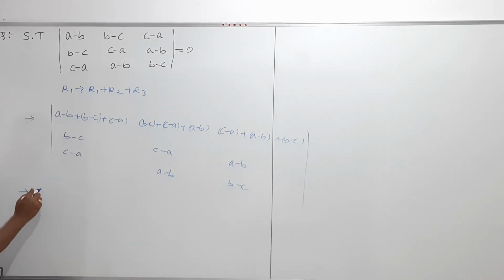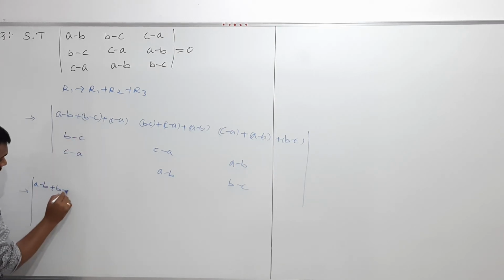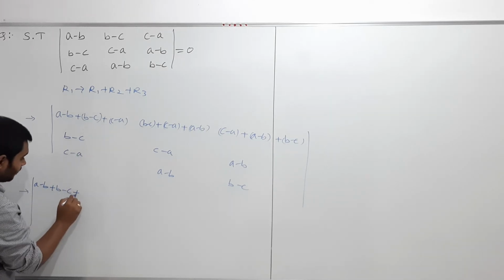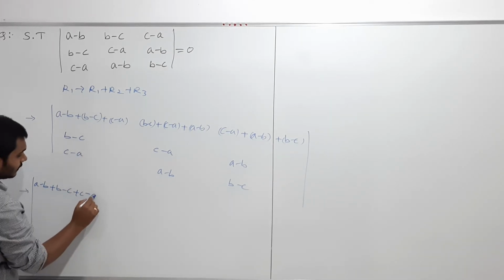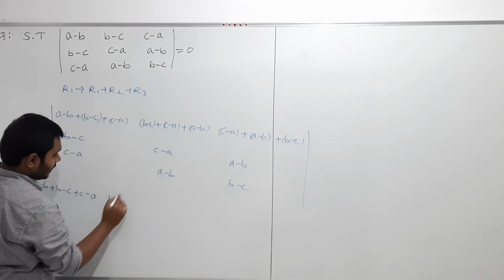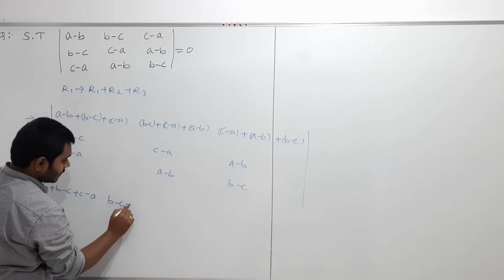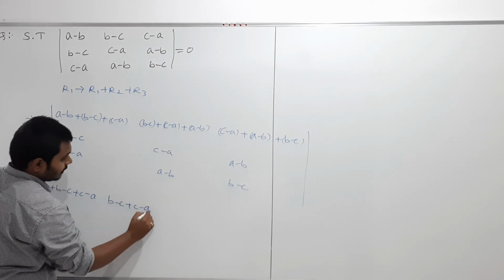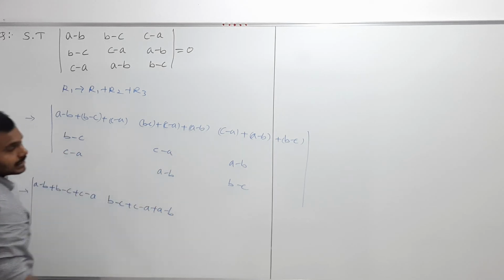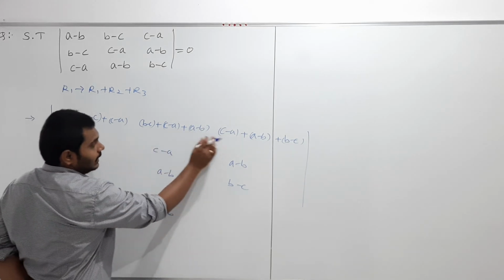You will get here A minus B plus B minus C, just I am opening the bracket, plus C minus A. Clear? And here also B minus C plus C minus A plus A minus B, just I am opening the bracket.